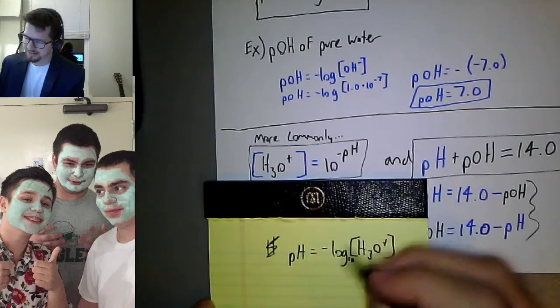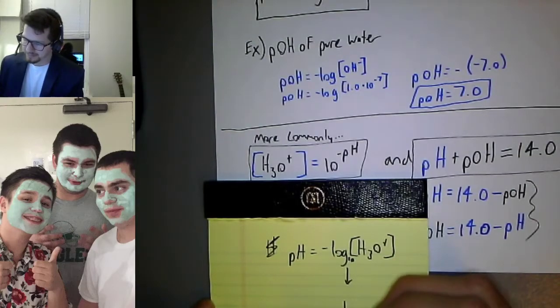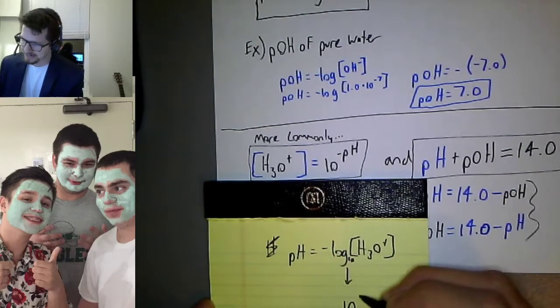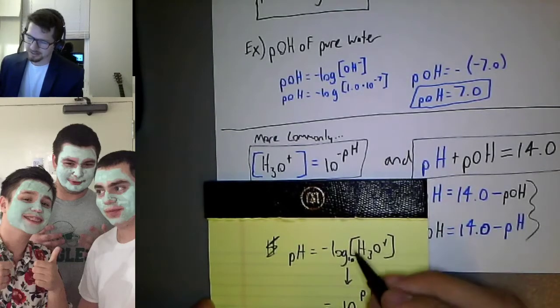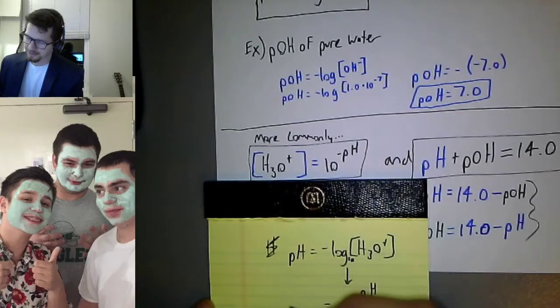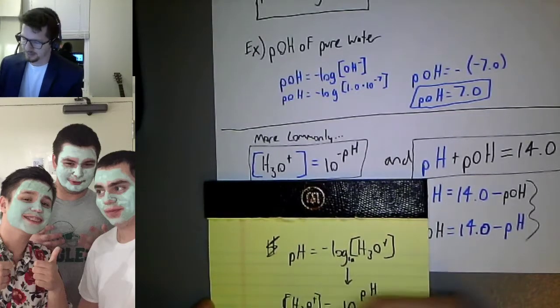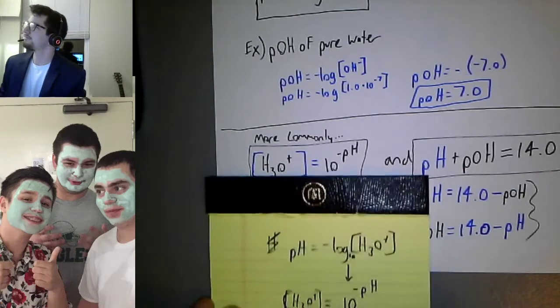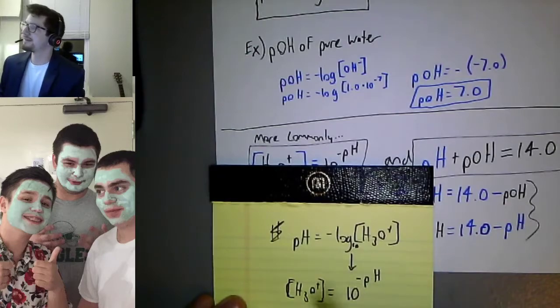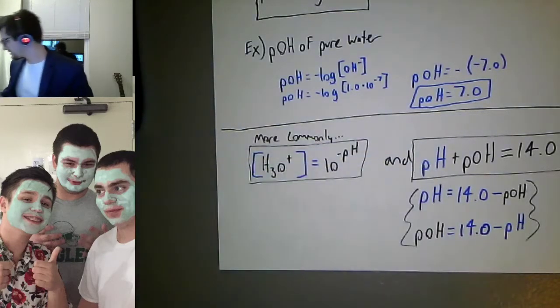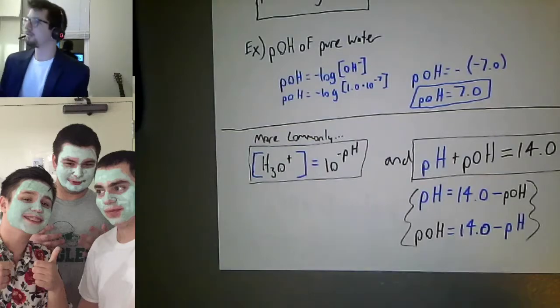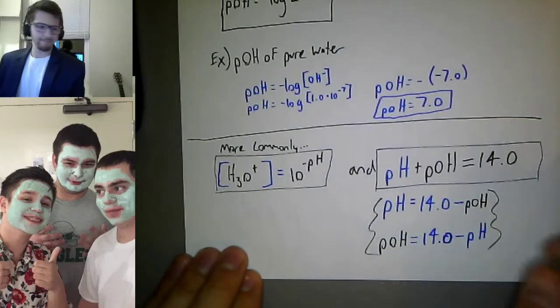You can rewrite this as 10 to the negative pH equals H3O plus. And that negative gets switched to the other side. So this is a mathematical way with logs to actually move the bases and exponents, but that doesn't matter a whole lot. Let's look at how this is applied.